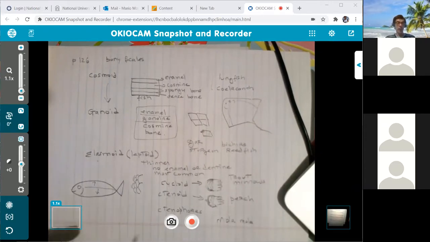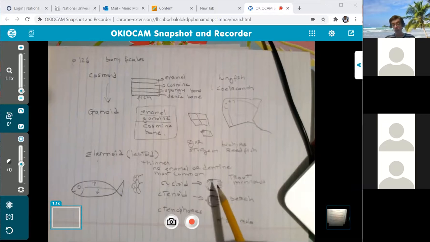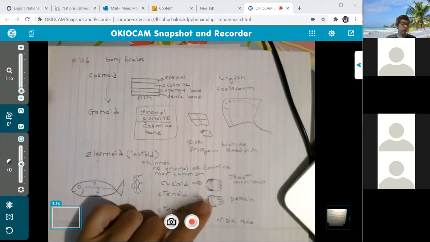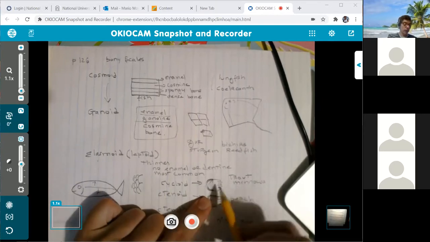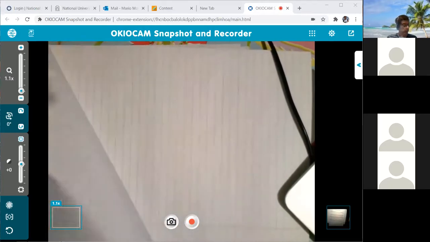It's not that they'll have only one type of scale; they'll have a mixture of these, one type on one part of the body, another on the other part. Again, catfish tend to have no scales. Some of them have a scale that is modified into an armor. But on these types of scales, because of the concentric rings, you can age them. So let's hold up.